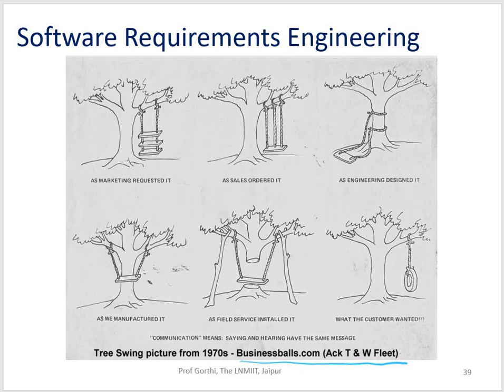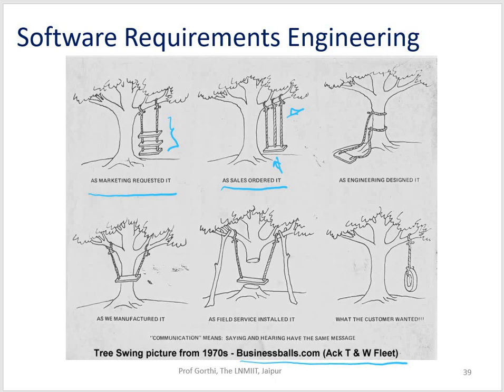So what it says is that this is what the marketing team actually requested. Right, so I have a swing, and this swing looks like this: 2 ropes and then 3 platforms. And this is what the sales team ordered, 3 ropes and 1 platform.